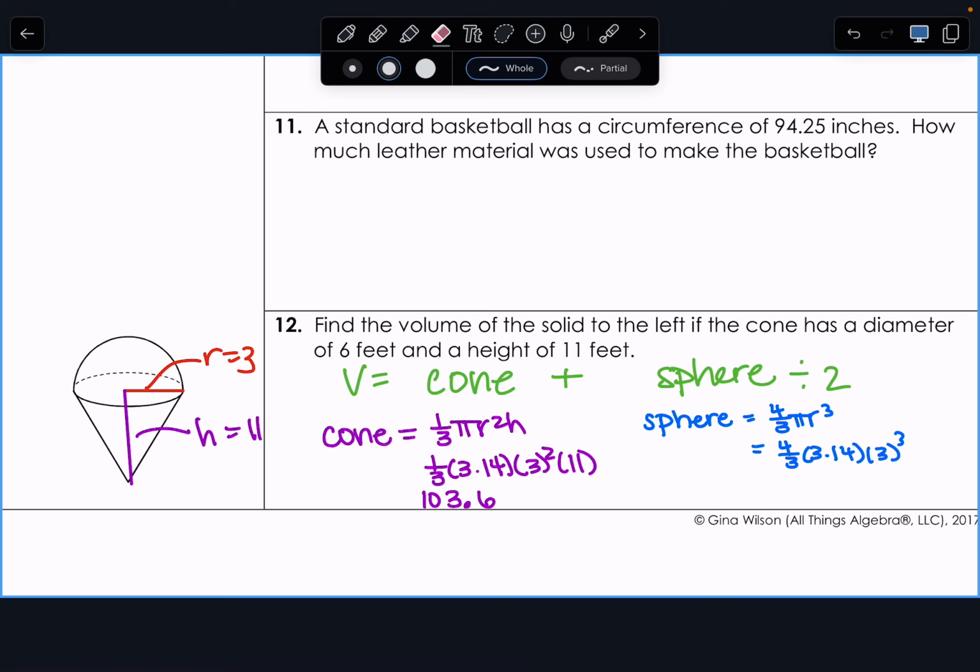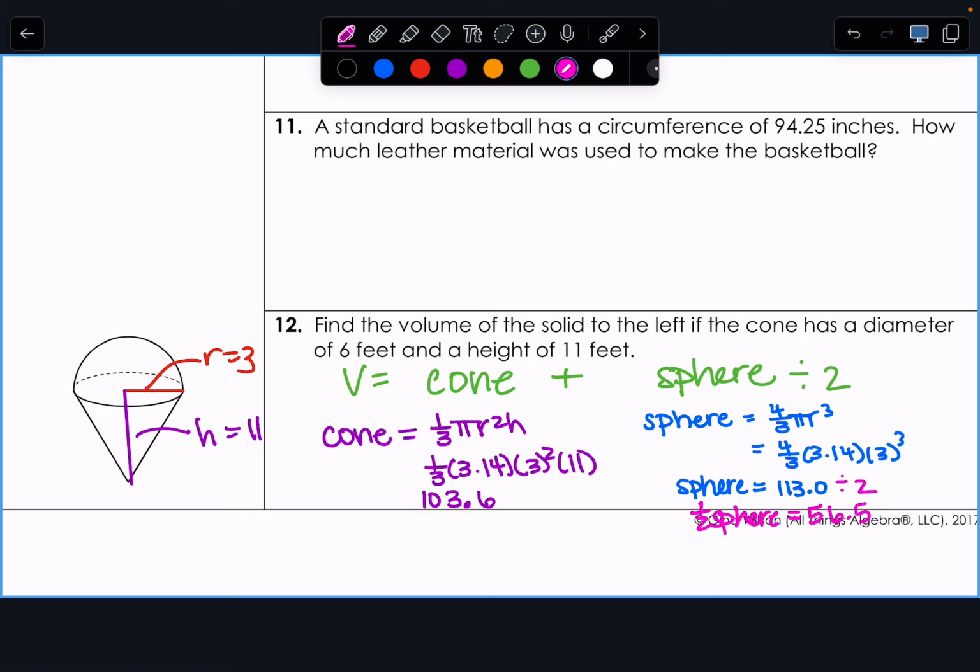What did that turn out to be? 113.0. So our full sphere is 113.0. But what are we going to need to do with that? We're going to have to divide it by 2 because this is only half of a sphere. So our half sphere is 56.5.